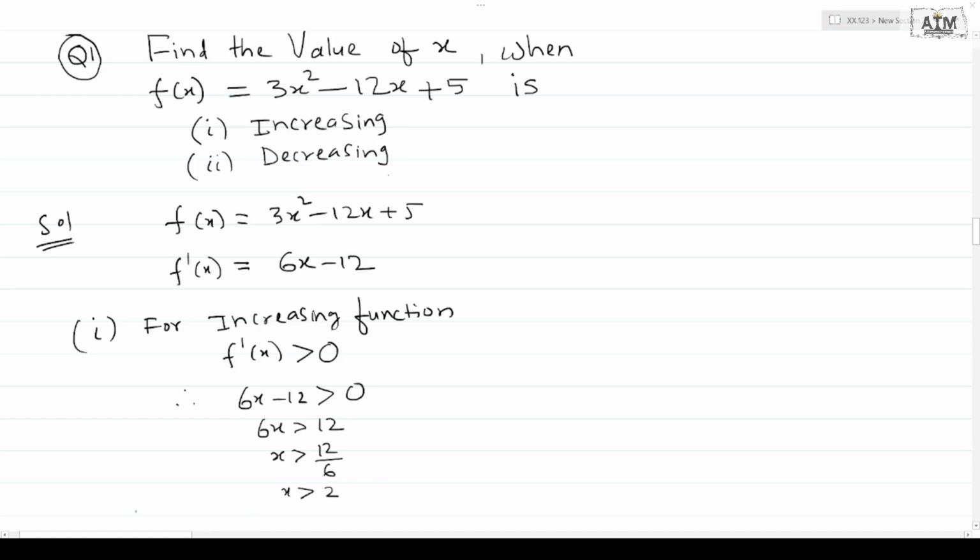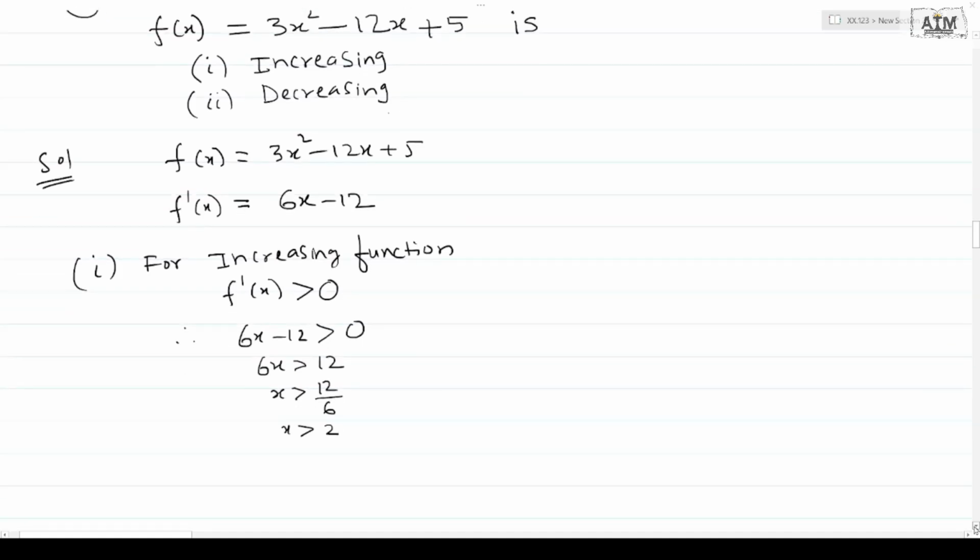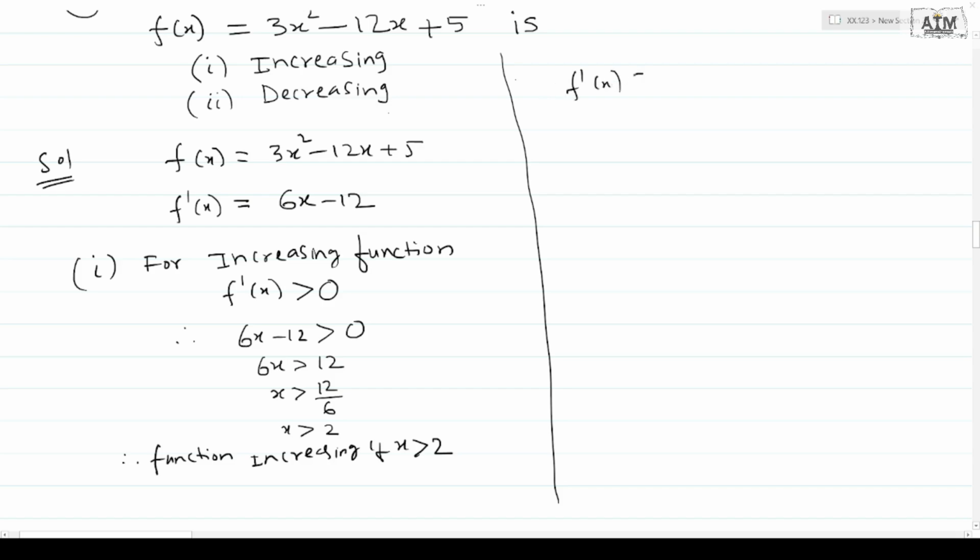Therefore the function is increasing if x is greater than 2. Now second case, the function is decreasing. We have to find the values of x for which the function is decreasing. So we have f dash x, that is 6x minus 12.